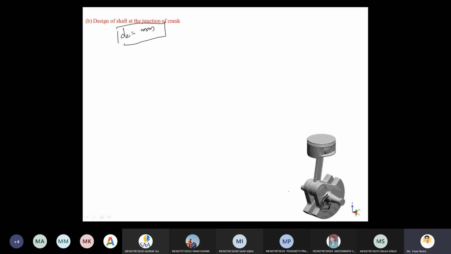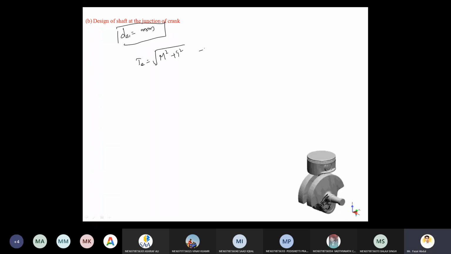So we have to calculate separately how much bending moment is generating and how much torsion is generating there. And we have to take the maximum shear stress theory, TE. So TE is nothing but square root of M square plus T square. This is the one equation.